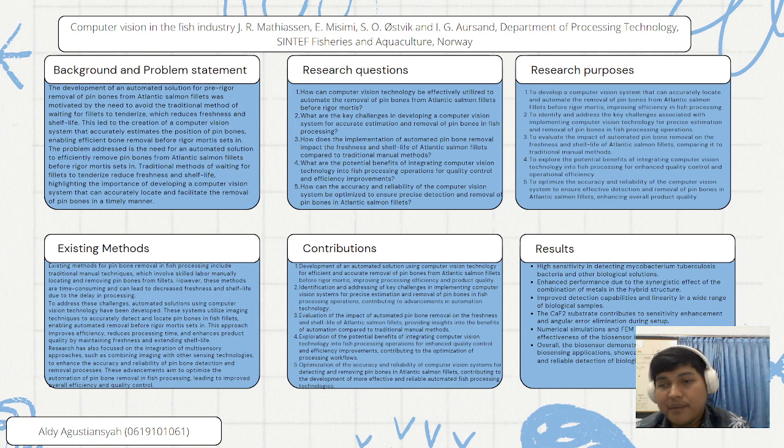Improved detection capabilities and linearity in a wide range of biological samples. The CaF2 substrate contributes to sensitivity enhancements and regular error elimination during setup. Numerical simulation and FEM analysis confirm the effectiveness of the biosensor in detecting TB cells.